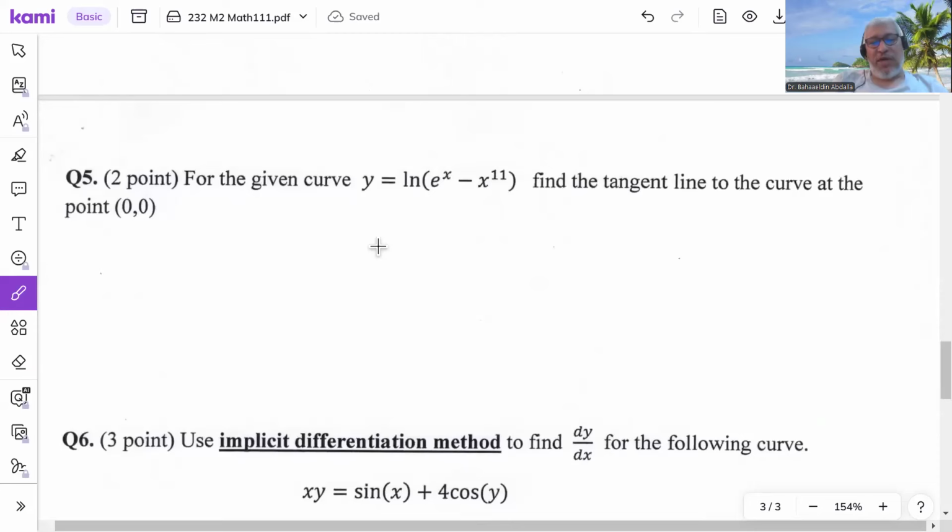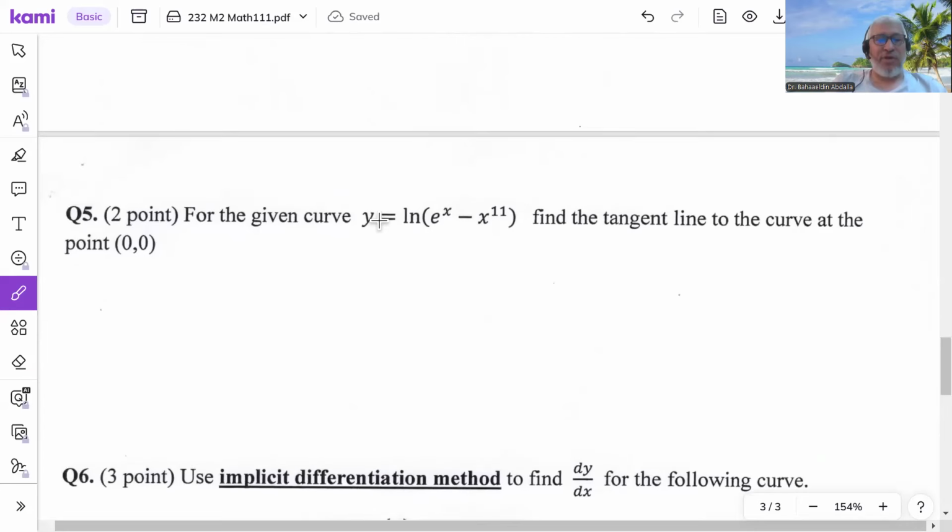For this curve, find the tangent line to the curve at the point (0, 0). Well, the tangent line has the equation y minus y0 equals f prime, or y prime because I have y here, at x0 times x minus x0.